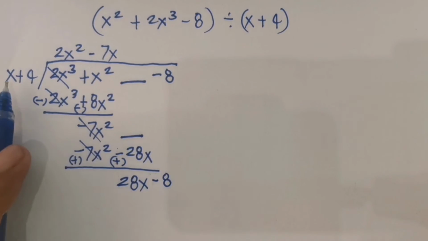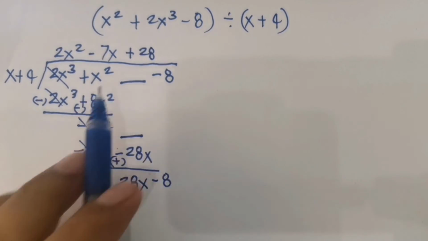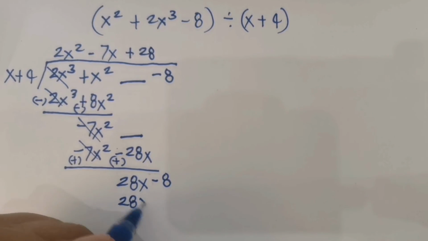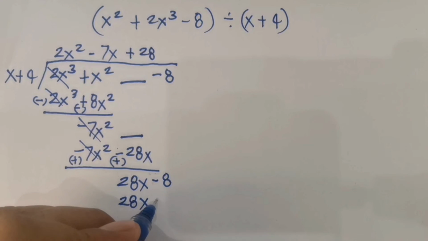Then divide ulit tayo. 28x divided by x is positive 28. Multiply, 28 times x is 28x. 28 times 4 is positive 112.